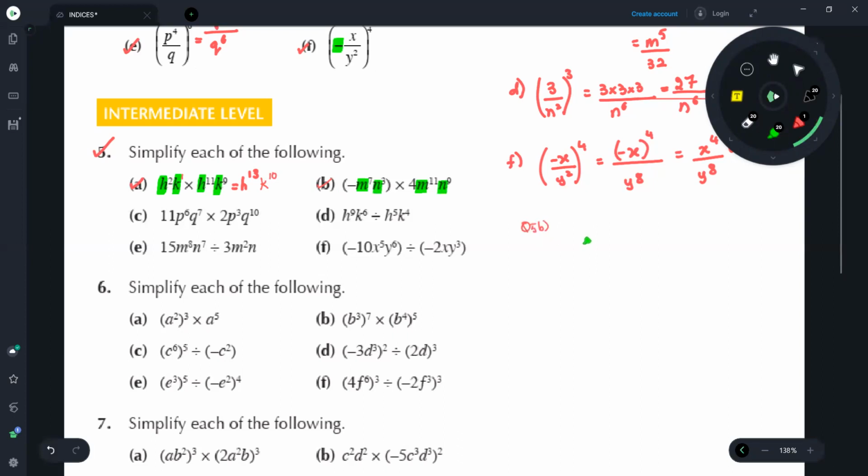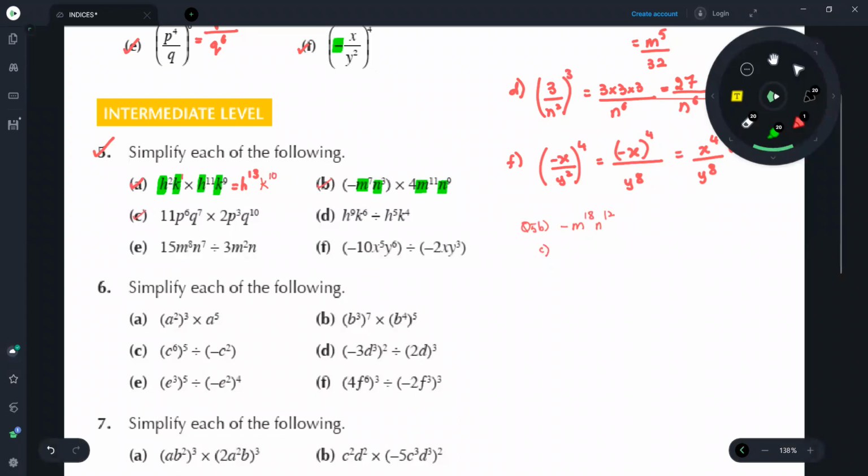My final answer, I guess, would be m to the power 18, n to the power 12. Where do I put the negative sign? Do I put it or do I just let it go? So you put it, I think. Yes. Can I put it at the start? Yes. Good.